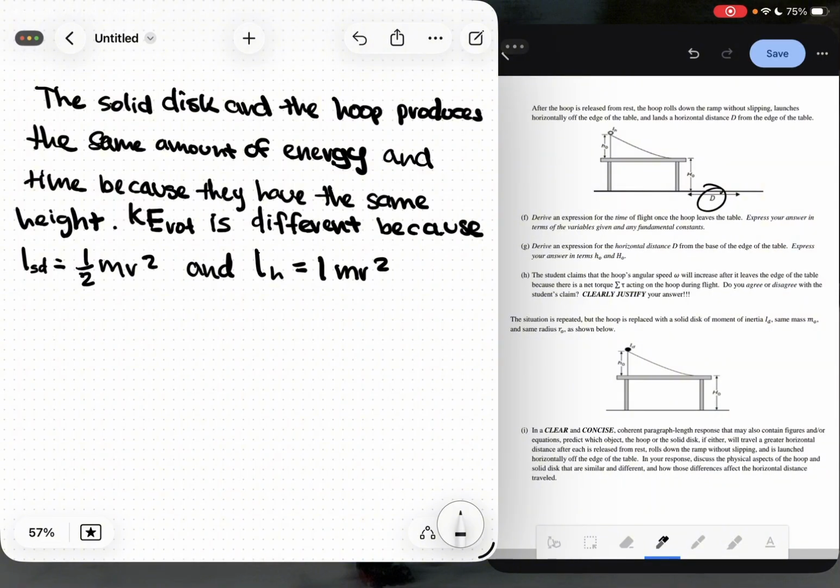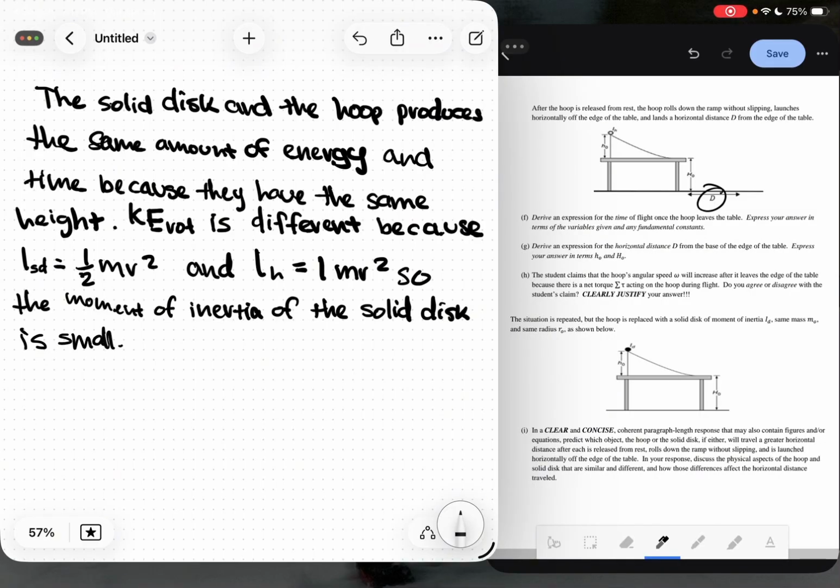So the moment of inertia of the solid disk is smaller, which causes the KE rod of the solid disk to be smaller too.